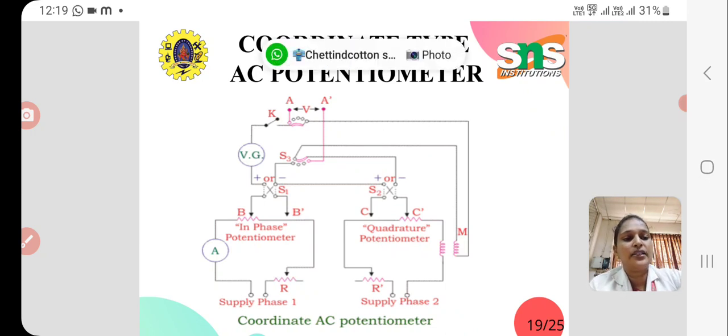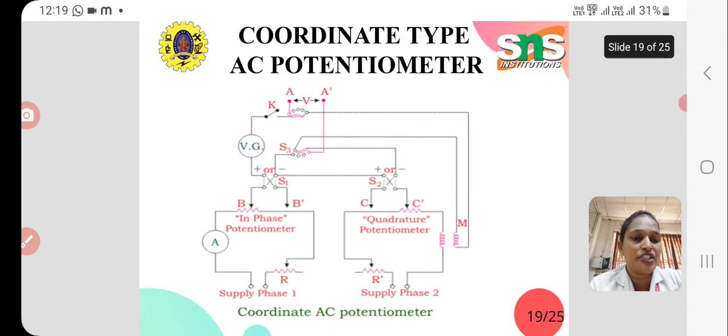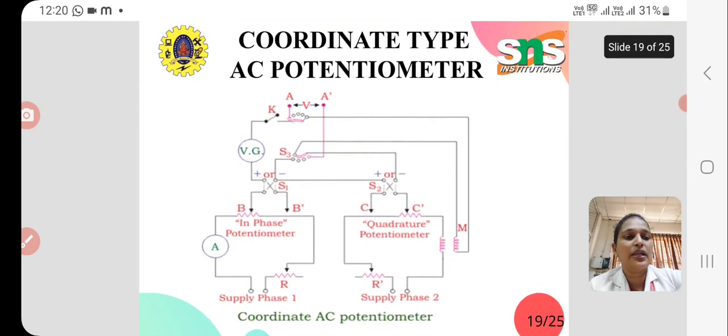The other is called the quadrature potentiometer, which gives the quadrature value of the unknown EMF, or the imaginary part of the unknown value. So the in phase potentiometer gives the real part of the unknown voltage, and the quadrature potentiometer gives the imaginary part of the unknown EMF.